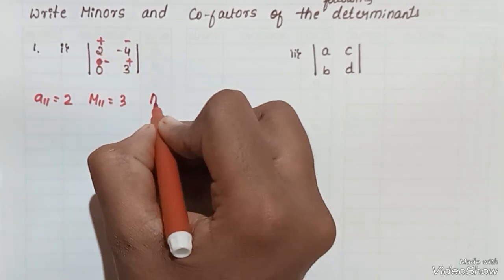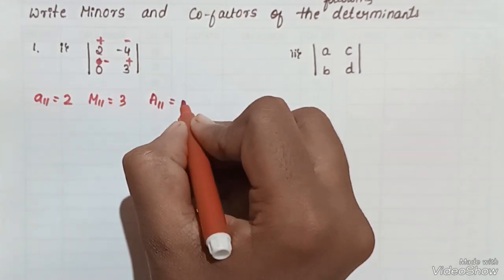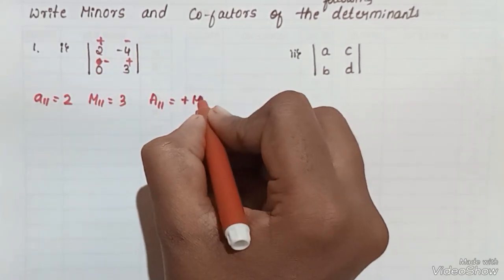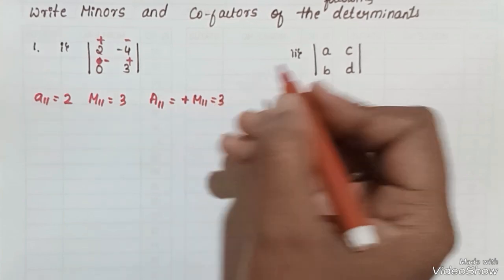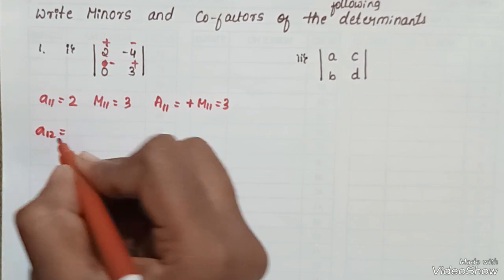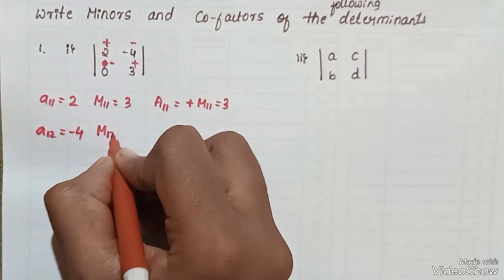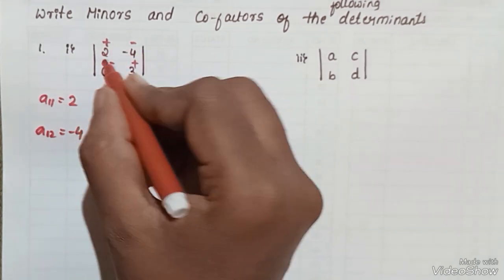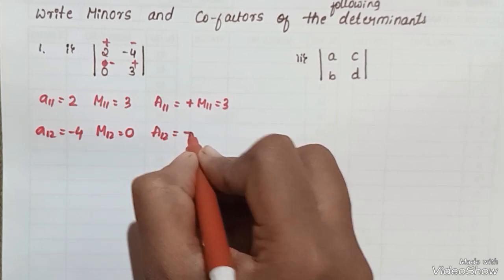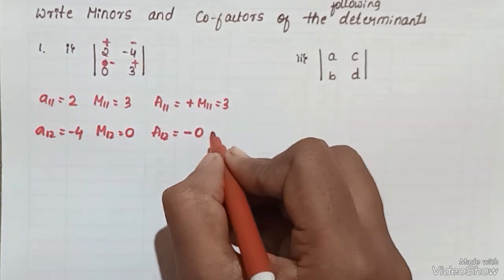The cofactor is multiplied by the sign, plus of M11, that is 3. Then A12, the element is -4, the corresponding minor is 0, neglecting row and column, and the cofactor is minus of 0, that is 0.